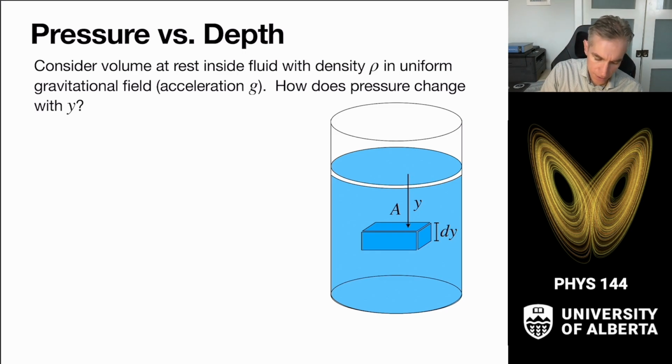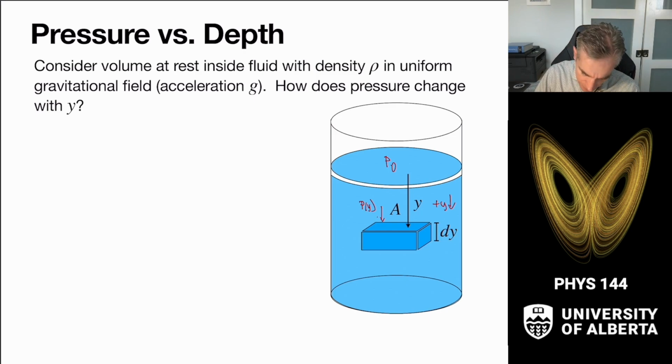We want to consider the forces at work there. So we're going to define the positive y direction to be downward here, and there's going to be some pressure at the surface of the fluid. That's the atmospheric pressure here. As we measure downward, on this object there's going to be a pressure force from the top pushing down, which we're going to call P at y.